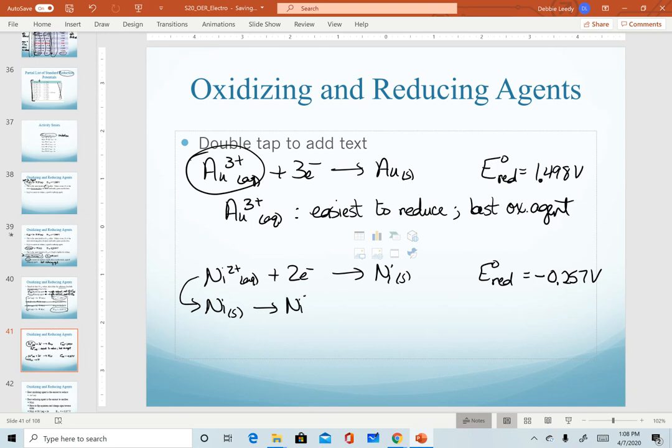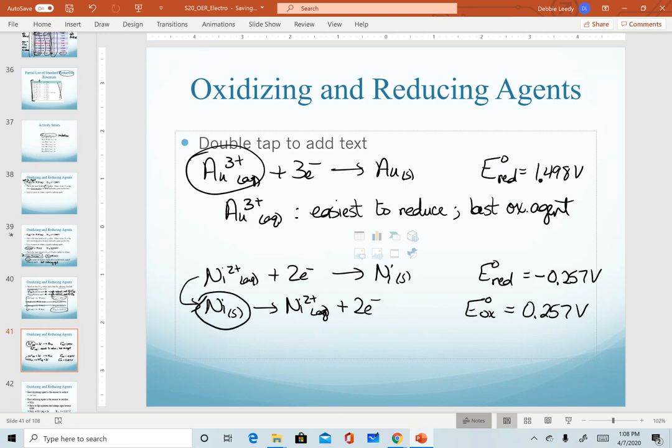And I recommend writing this out. Trying to do it in your head and then paying attention to how you have your equation written is difficult to do, especially as we get into practice calculations coming up. So I strongly recommend, as you're identifying this, flip your equation and then determine your new cell potential or reaction potential. So now that nickel is oxidized, it has an oxidation potential of positive 0.257 volts.